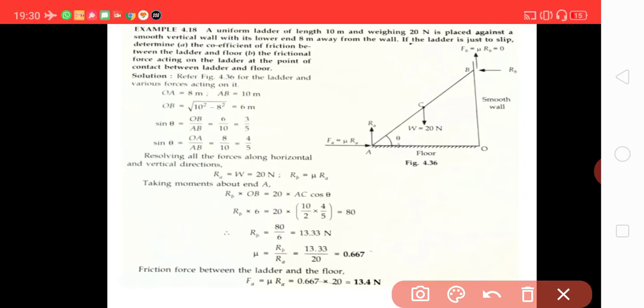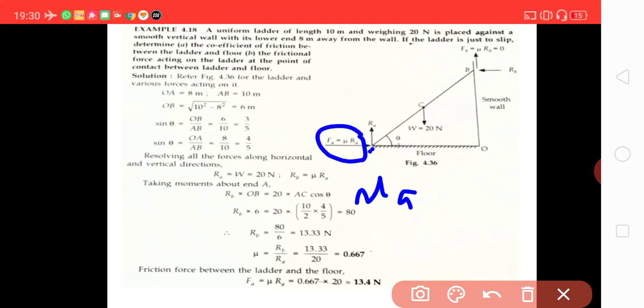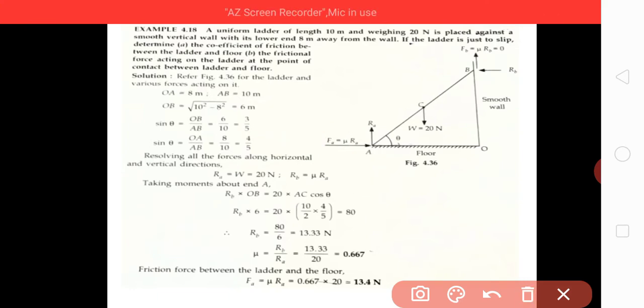If the ladder is just to slip, determine A, the coefficient of friction between the ladder and the floor. Here we have to find out mu A. Next, B, the frictional force acting on the ladder at the point of contact between the ladder and the floor. This frictional force has to be found out. These are the conditions. Simple problem.